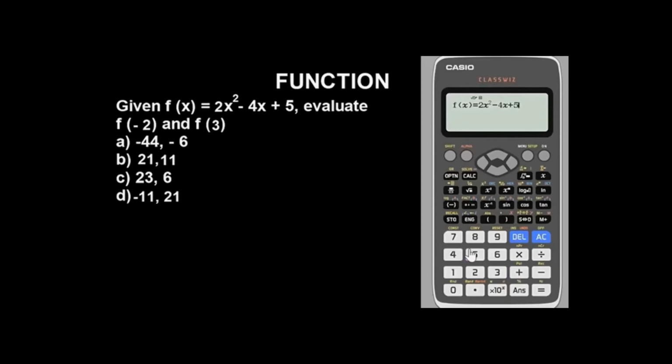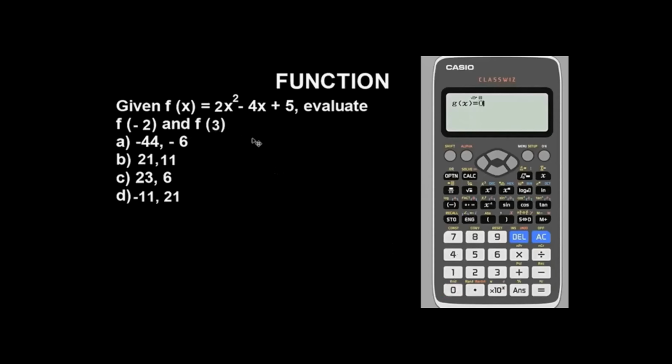Now that we have input these values, the next thing we have to do is press equal to. Very simple, guys. When you press equal to, the calculator automatically prompts you to input a value for g(x). At this stage, just put the value of g(x) to be 0.